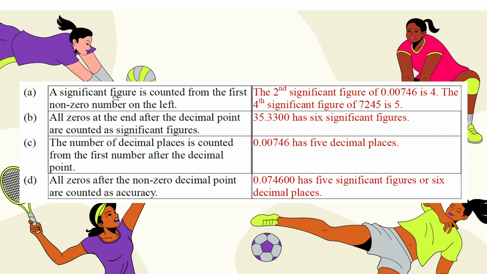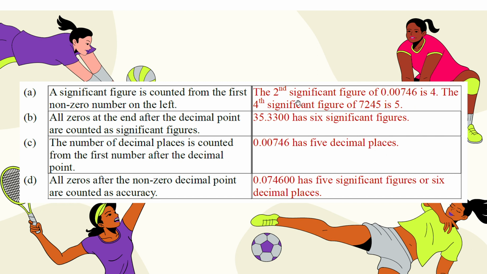A significant figure is counted from the first non-zero number on the left. So for 0.00746, the significant figures start from 7. The 7 is the first significant figure, 4 is the second, and 6 is the third.